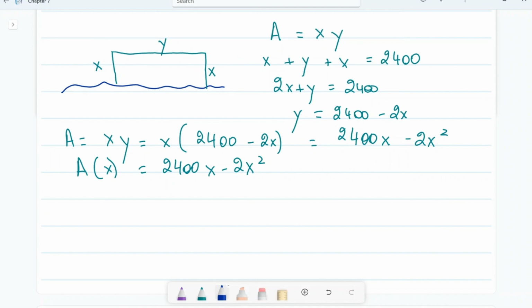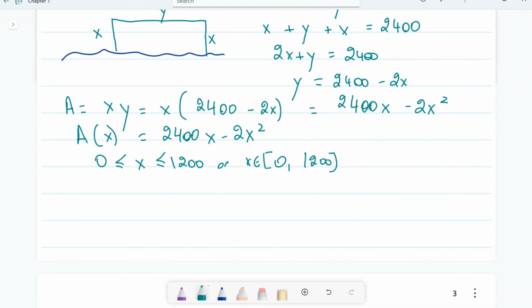Keep in mind that x is available on both sides. So if the maximum of 2x might be 2400, then the maximum of x would be 2400 over 2, which is 1200. So this is the maximum value x can be. And of course, x cannot be negative. So we can say that 0 is less than x is less than 1200. Of course, you can also write this using interval notation. It does not matter.